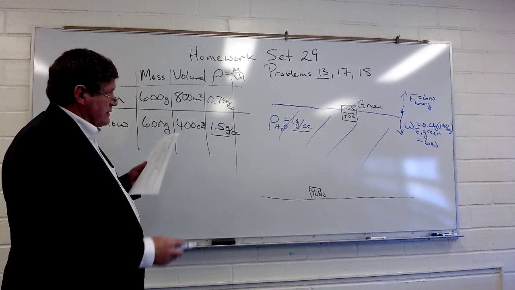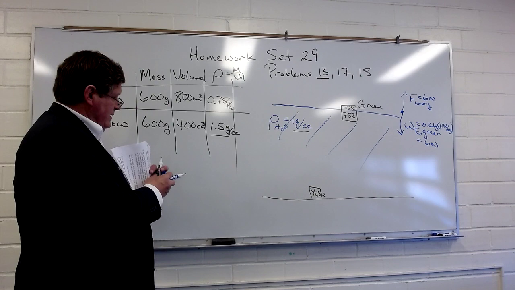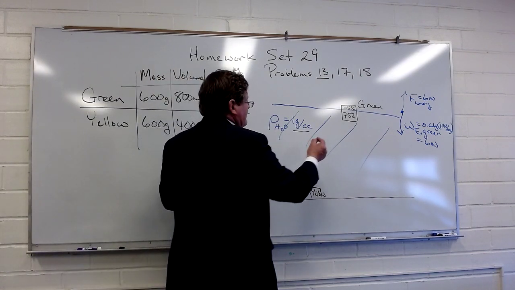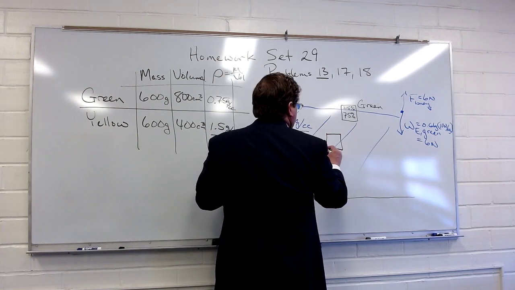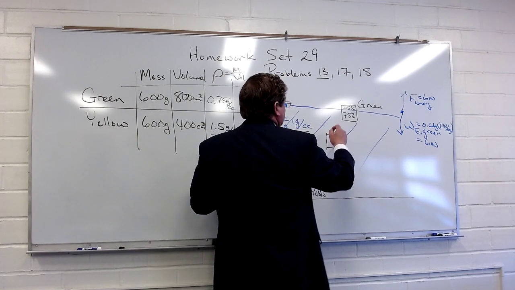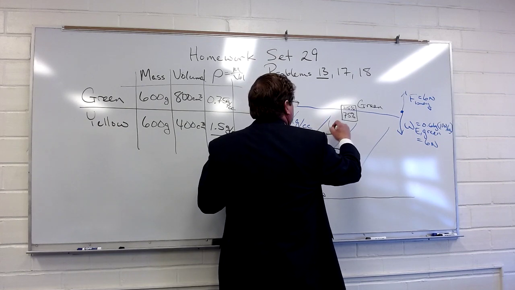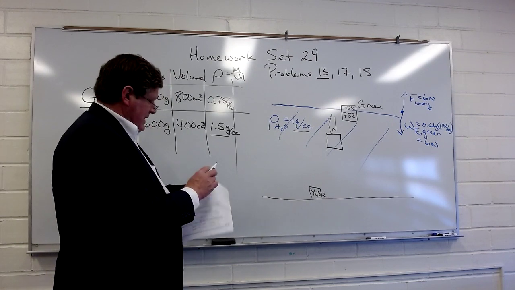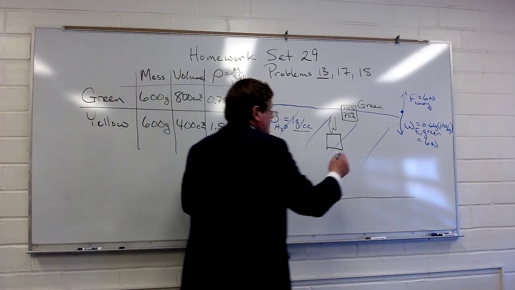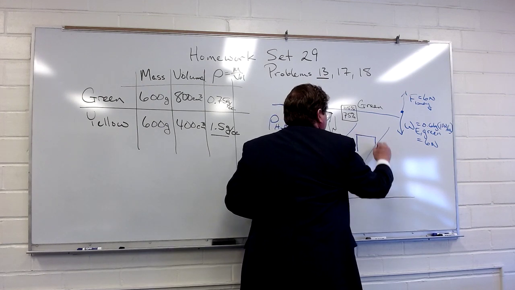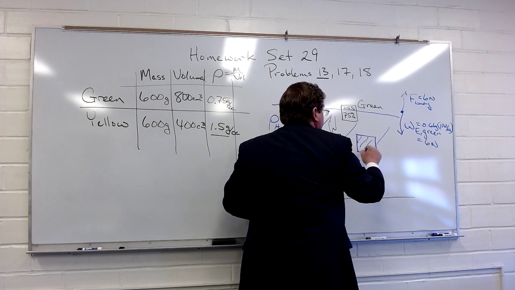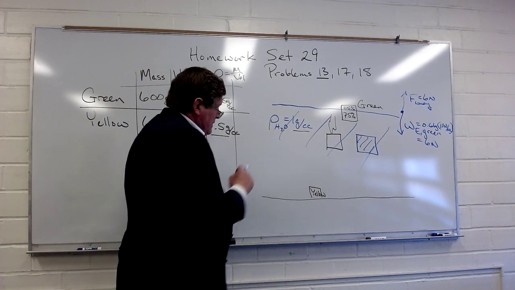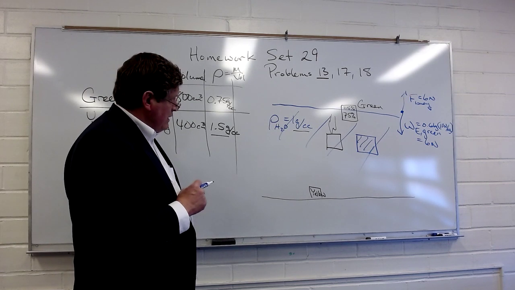Now, if I were to work this problem the way the book has it written, then I would somehow have to submerge this block, and that means I'm going to have some sort of hand holding it under. Well, in that case, the buoyant force is going to be equal to the weight of the fluid displaced. So I imagine a block of water that's the same size and shape as my green object.